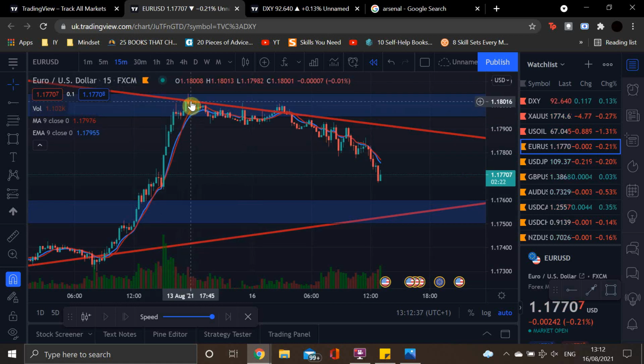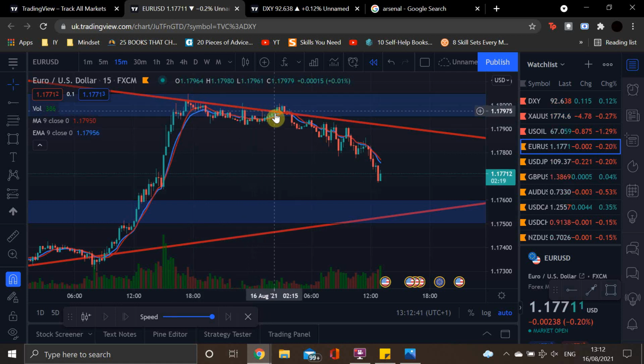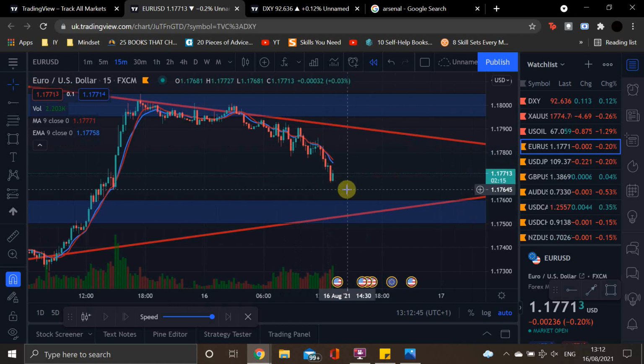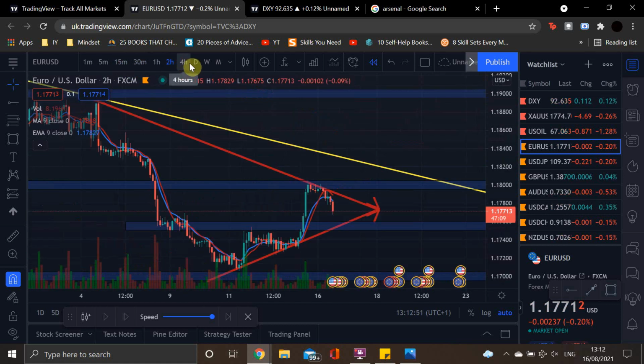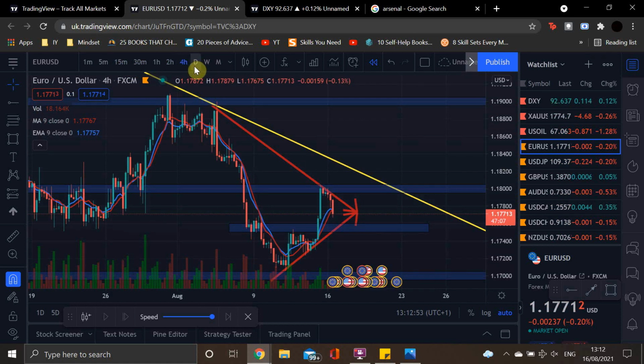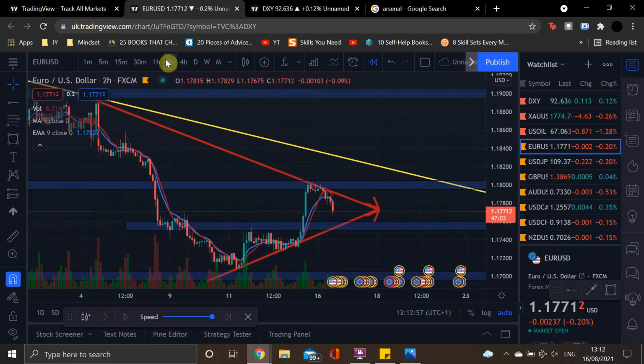Like one of my mentors said, price will never consolidate at a level, then break above. It will never do that. Interesting.